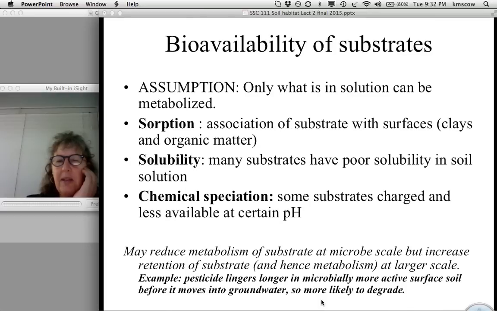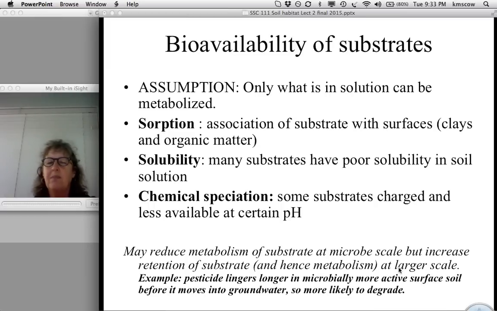If we're thinking about a pesticide that has been applied to soil and has the potential to be biodegraded, then in the soil, the organic matter may tie up this pesticide through sorption and lower the potential rate of biodegradation of that substrate. And so in the short term, it might end up being a slower rate of removal of that pesticide.